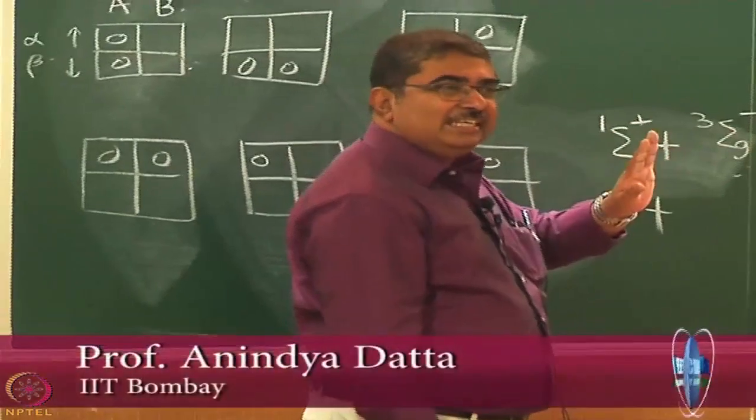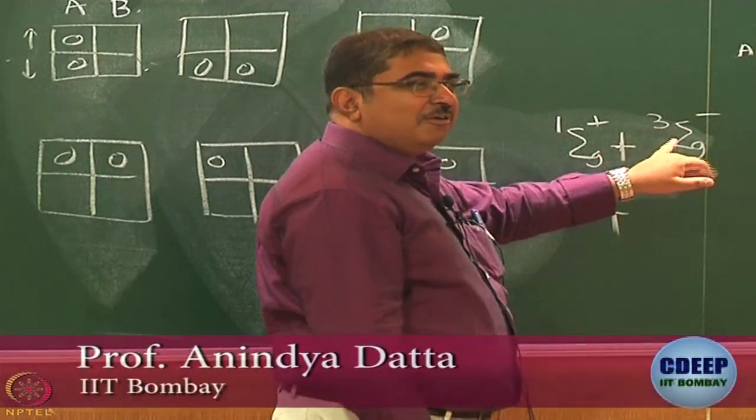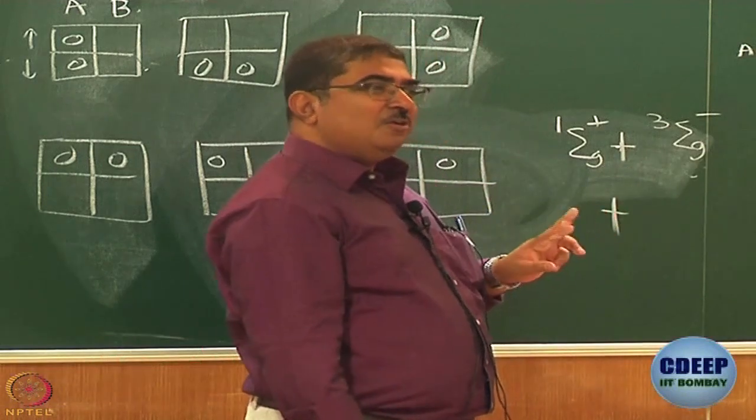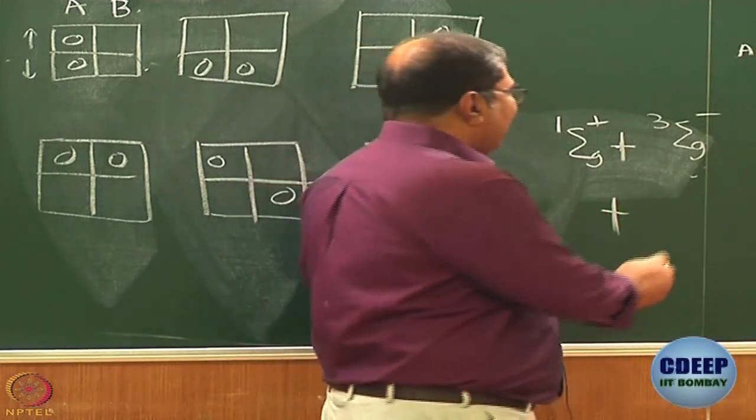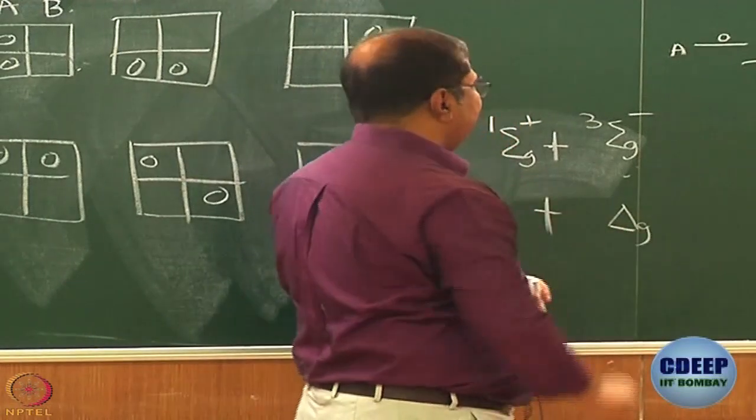We are going to get 6 states, you know that, right? How many have we got so far? 1 plus 3, 4. How many more? 2 more. If I write singlet delta G, that is enough.